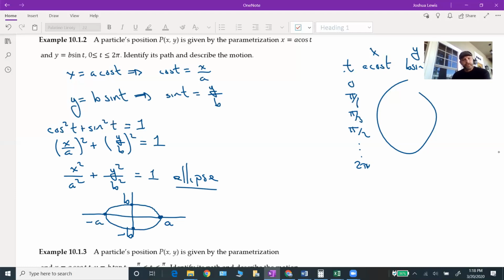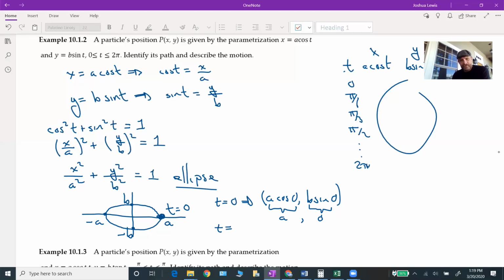And then what we want to know is the direction. So again, let's start at t equals 0. Well, at t equals 0, the coordinates are going to be a cosine 0, b sine 0. Well, that's just a, and that is just 0. So here is time 0, right there. Now let's take a later time, but do yourself a favor, right? I'm not going to choose 1.